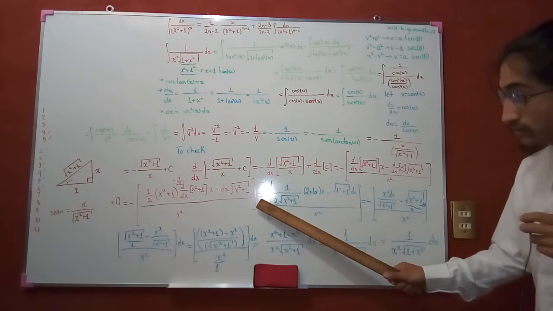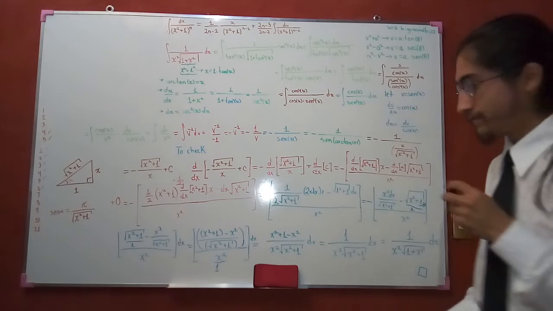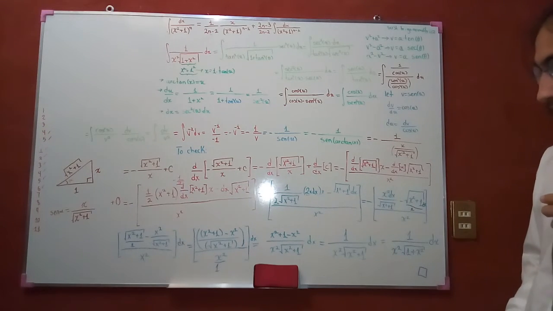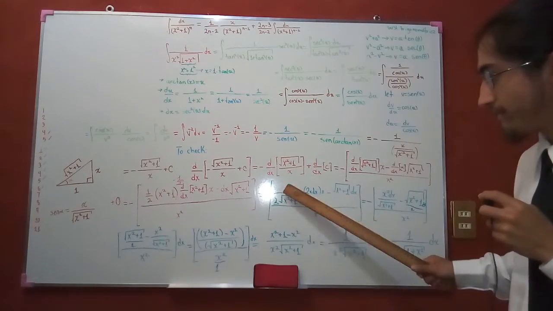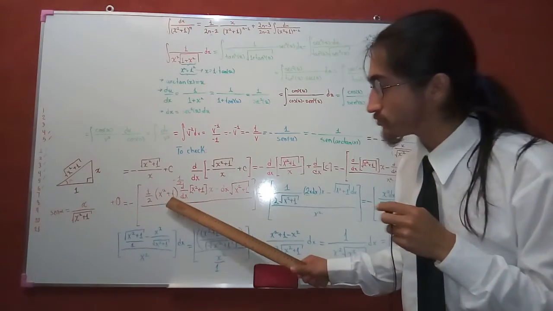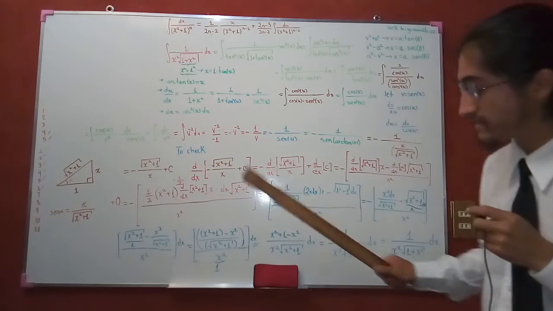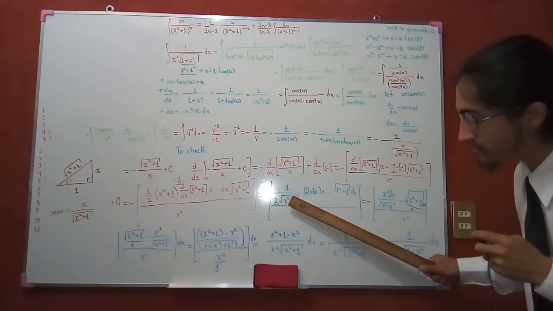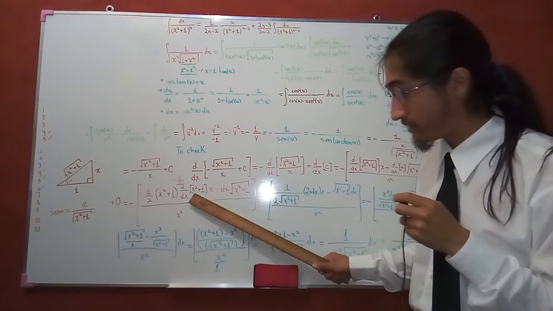This is equal to negative, open parentheses, 1 divided by 2, but x squared plus 1 raised to the power of negative 1/2 is equal to 1 divided by the square root of x squared plus 1, multiplied by this derivative.